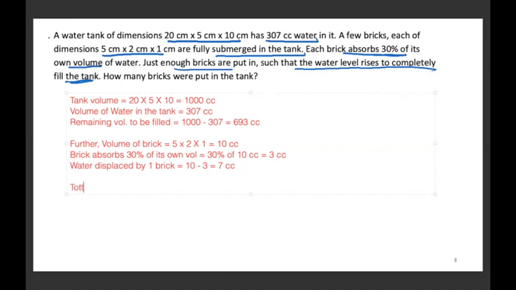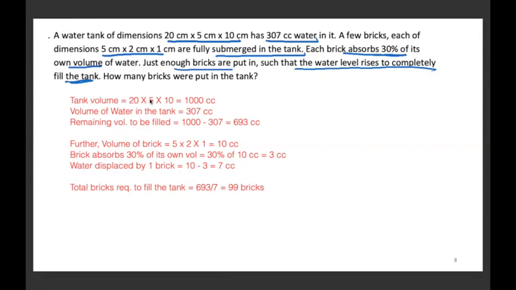So the total bricks required to fill the tank will be equal to the remaining volume to be filled, which is 693, divided by water displaced by one brick, which is 7, which comes to 99 bricks. So in order to completely fill the tank, or raise the water level of the tank to its full volume, we need to insert 99 bricks in the tank.